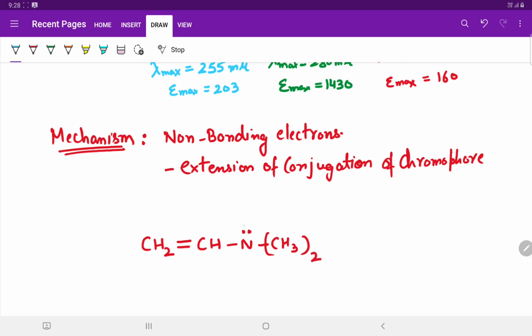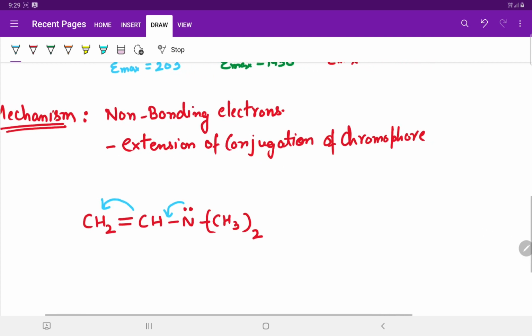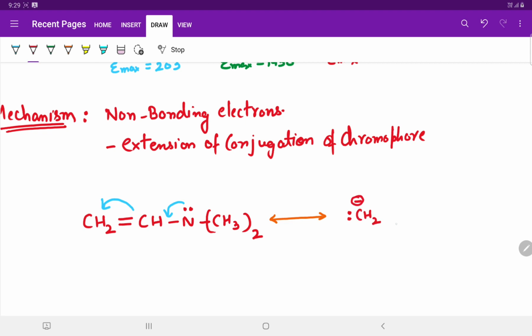These lone pair of electrons will jump to this single covalent bond, and thus will lead to extension of conjugation, thus forming the structure that is, so this is the structure for the extended conjugation, you can see.